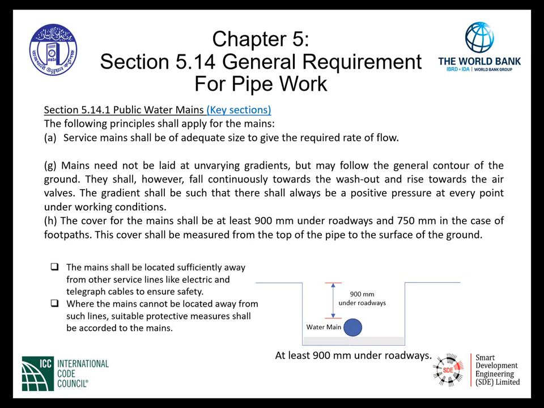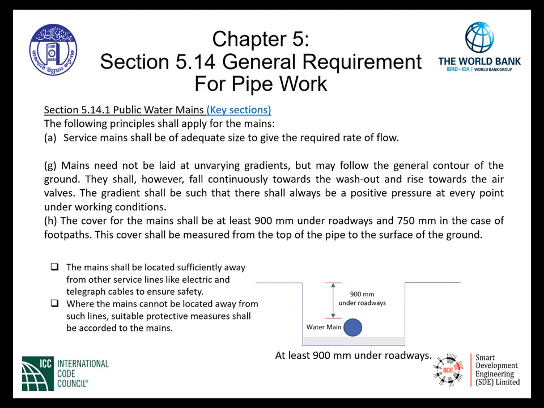Item A, service mains shall be of adequate size to give the required rate of flow. Therefore, the designer, the engineer, must make sure that the service mains are adequate in size to give the required rate of flow that is demanded of them based on proposed buildings, residents, things of that nature.